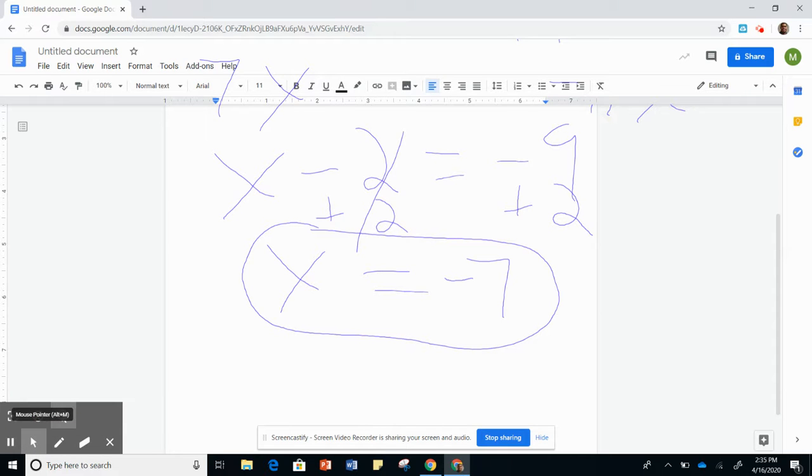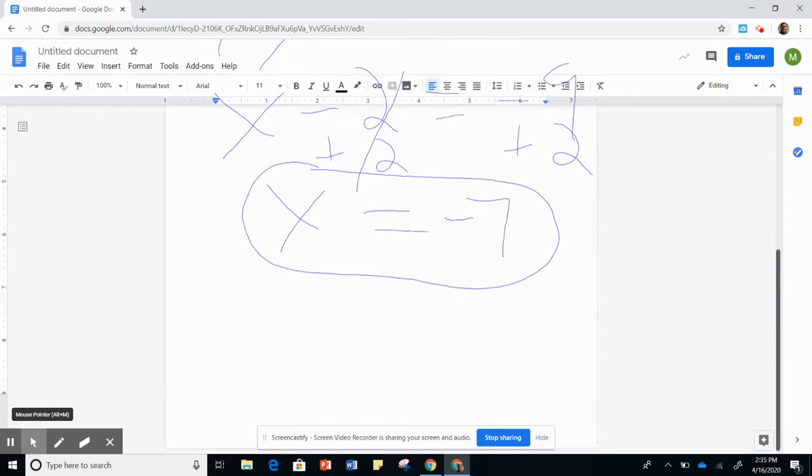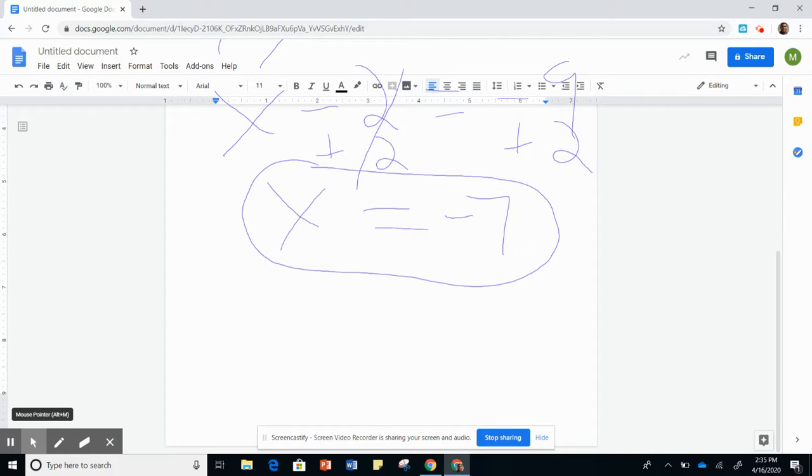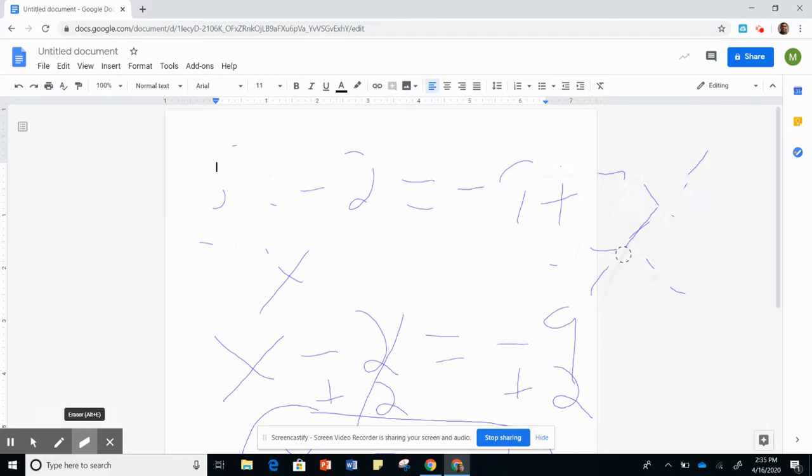So another example. Okay, so our next example, I'm going to go ahead and go back up here. I'm going to erase this part here.